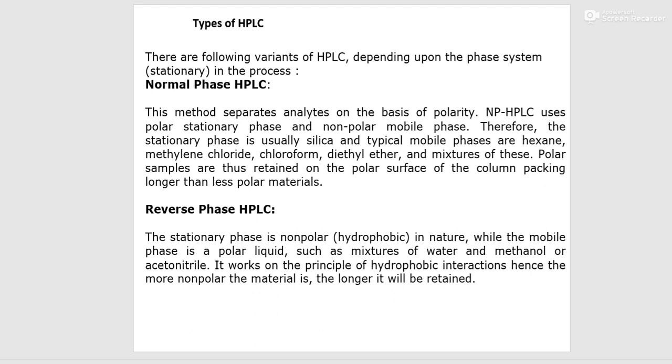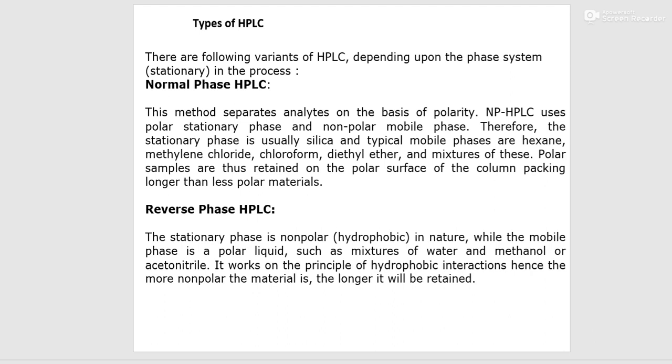Now going ahead towards types of HPLC. Depending upon stationary phase used in HPLC system, it can be divided into different types. First is normal phase chromatography. In normal phase chromatography, mobile phase is non-polar and stationary phase is polar.